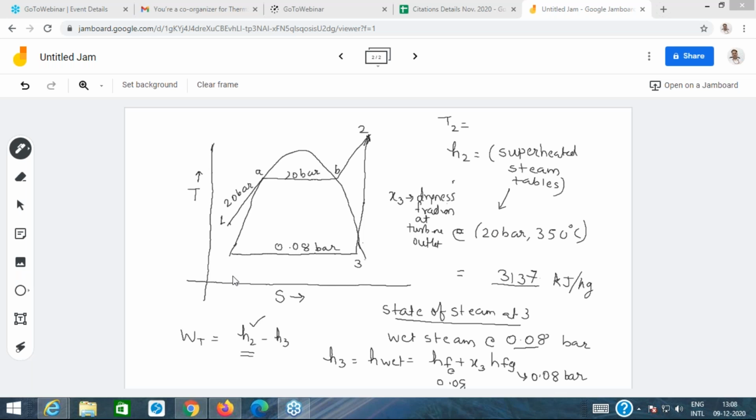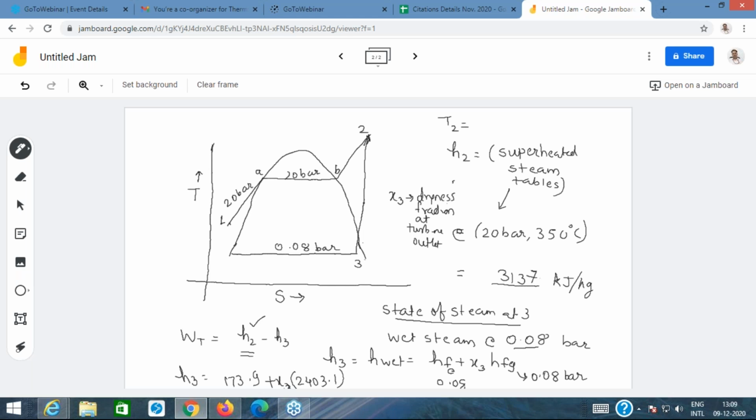So Hf from the steam tables is 173.9, so H3 will be Hf, which is 173.9, plus x3 into Hfg, which is 2403.1 or 2403.2, whatever you have with you. It doesn't matter much.